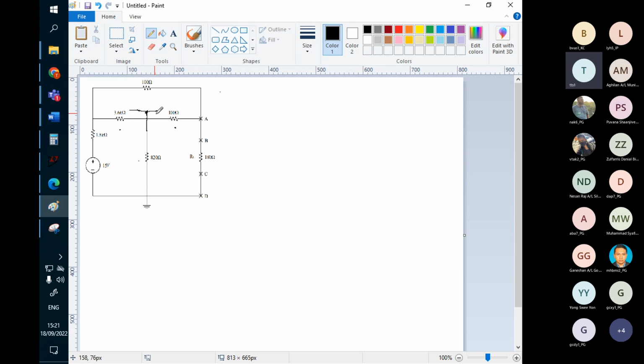It looks like a Y connection. This makes things difficult for us to analyze. First, we want to find the Norton resistance.